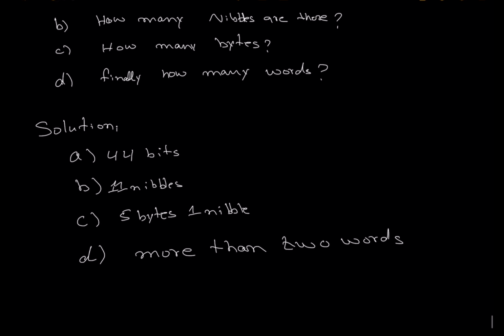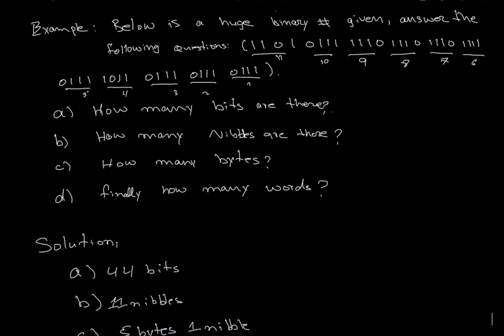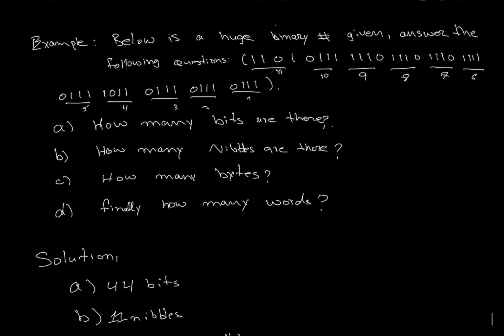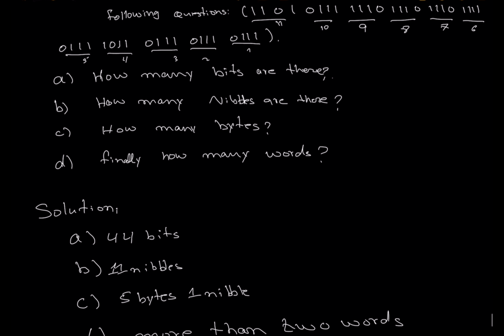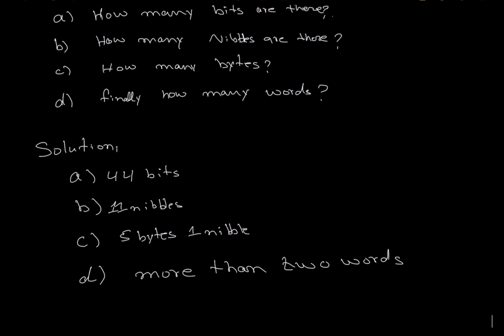One word is 16, 16 and 16 will be 32, 32 and 16 will be 48. We only have 44 bits, so we don't have the 48 bits to make it 3 words, but it's between 2 and 3 words. More than 2 words, less than 3.